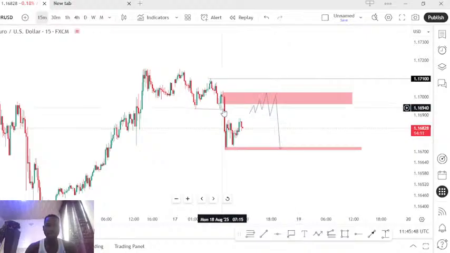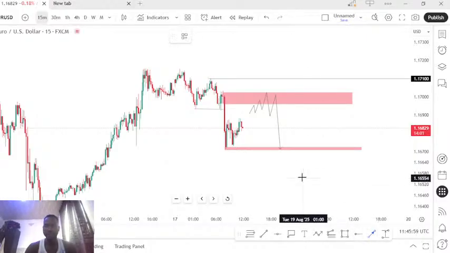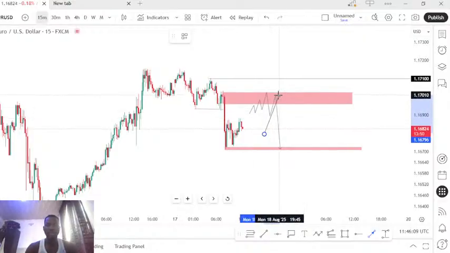Once price retraces back to this very point here and gives me a confirmation with a break of structure, okay, a break of structure. This is a break of structure, guys. Once it breaks the previous low with this, a push like this, and I would look out for a retracement back as a way of confirmation, then I will sell to this point here.